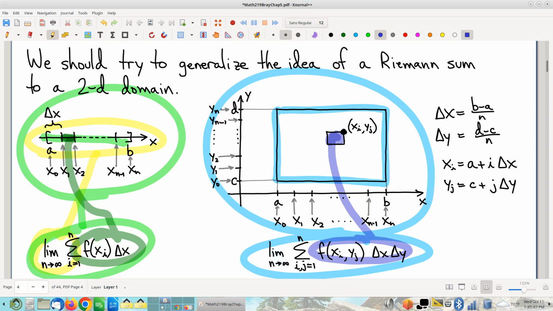Not width anymore. Width is appropriate to a one-dimensional, right? But size, in this case, the size of that piece is area. What are these questions that I might be able to answer as something times area? Oh, well, let's see, if I were computing volume, I suppose, then height times area would give me volume.